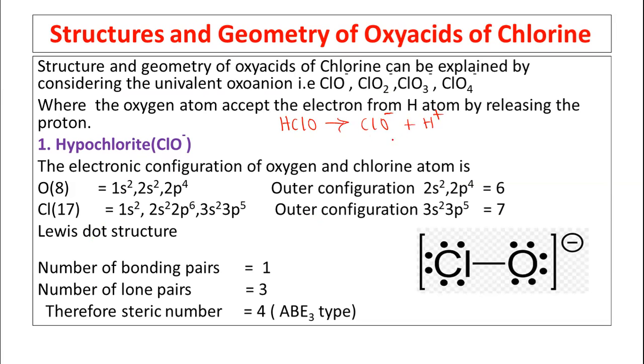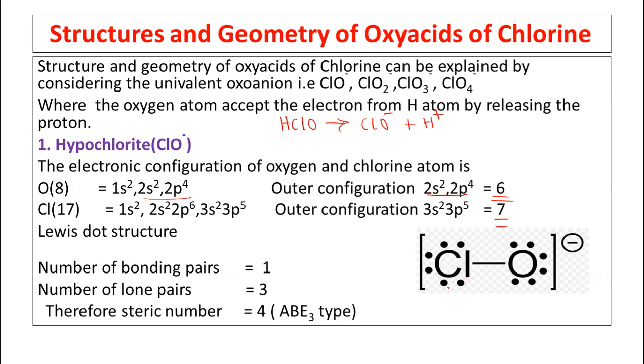So let us represent the electronic dot structure. Oxygen has the electronic configuration 2s2 2p4, so the number of valence electrons is 6. Chlorine has 7 valence electrons. In this hypochlorite ion, this is the electronic dot structure.